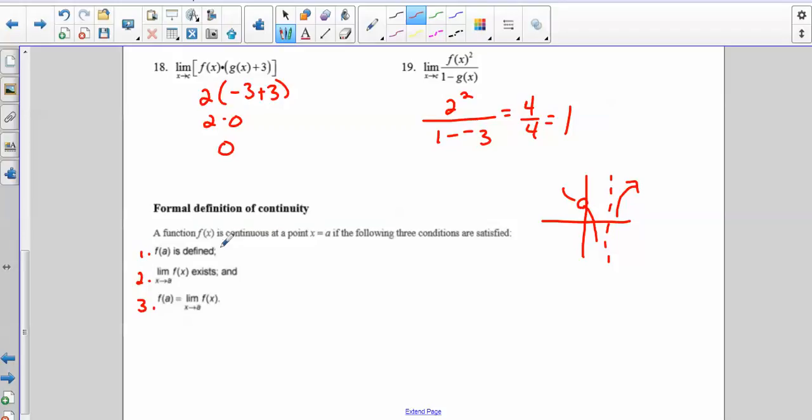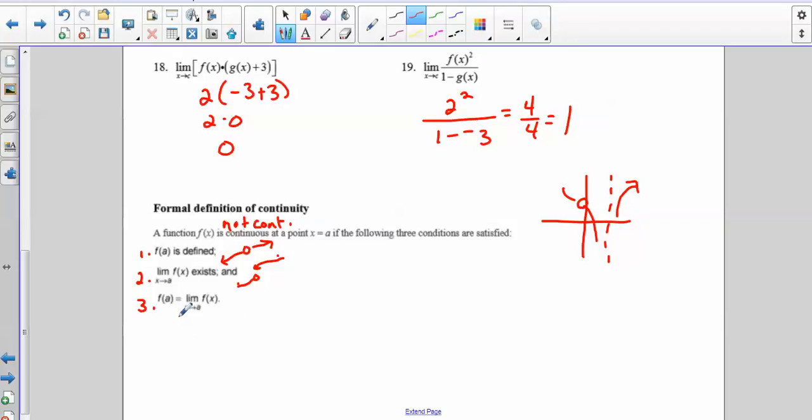So in part 1, a function is not defined, for example, if it has a hole or if it has an asymptote. So these are not continuous functions that I'm drawing on the right. In part 2, if the limit doesn't exist, that might be because we're approaching different values from the left as from the right.